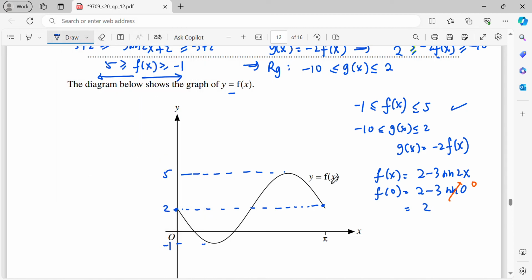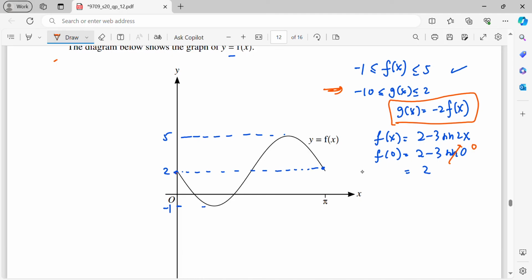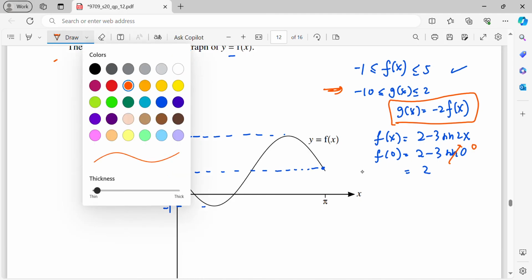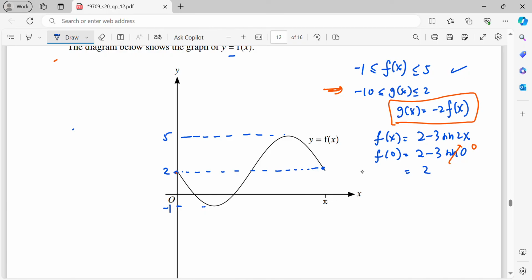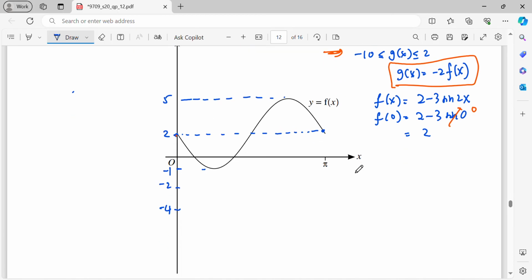Now, you need to multiply by minus 2 for this function. Firstly, this 2 becomes minus 4. So I will mark probably here is minus 2, here is minus 4. Then this 5 becomes minus 10.